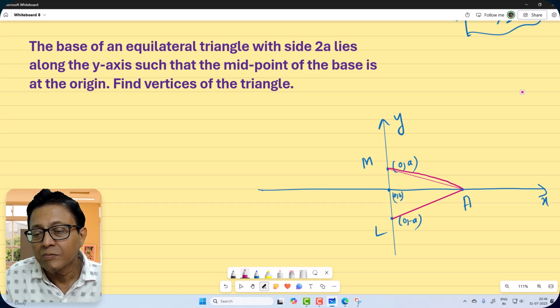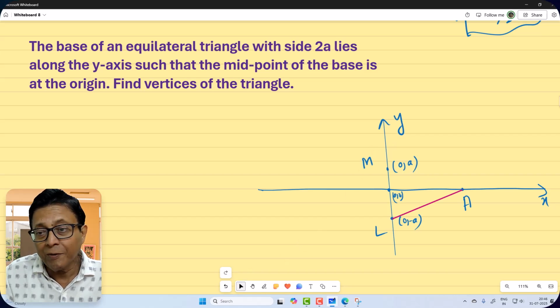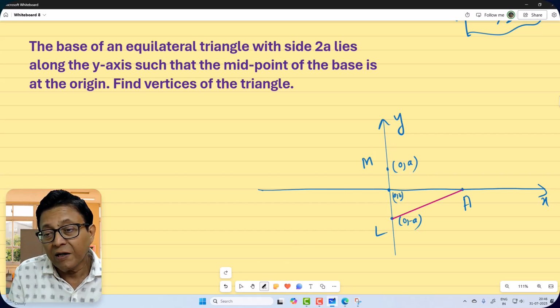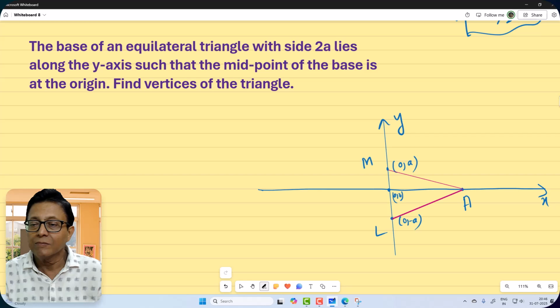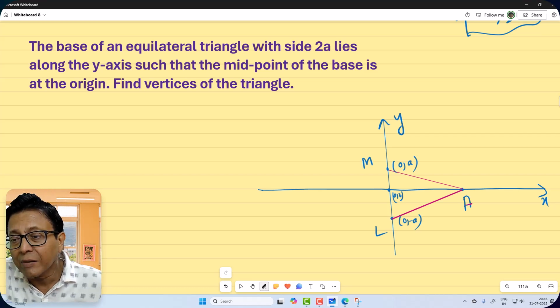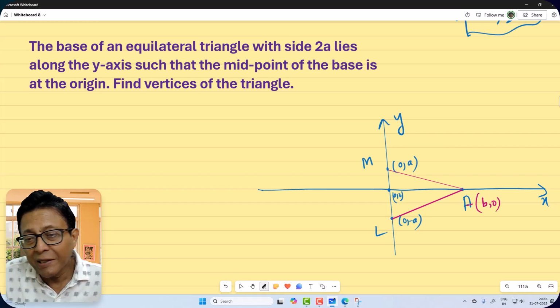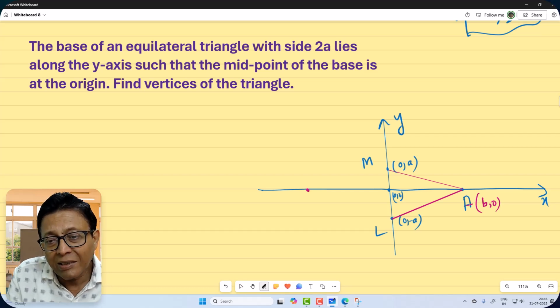Sorry, we have to find the vertex A of the equilateral triangle. This length is 2a, but who told you that the vertex will be lying on the right side? May not be. It may lie on the left side also, with the same possibility that it is going to be an equilateral triangle.